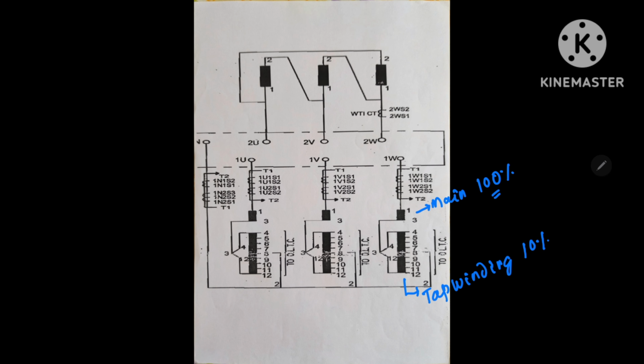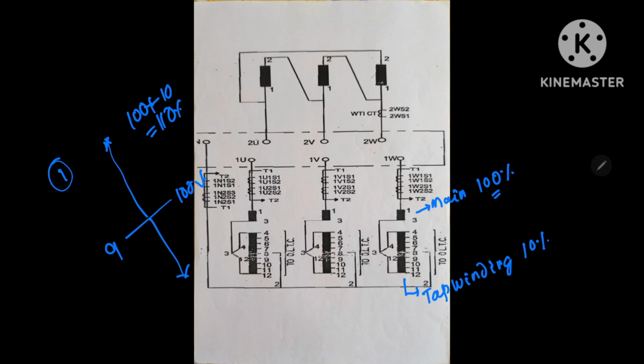This is 10%. When this 10% winding is added, we take the case of tap position 9, this is 100%. When the tap position is reduced to 1, in that case this 100 plus 10% will be added, so this will be 110%.